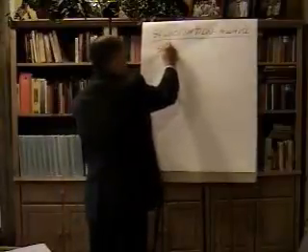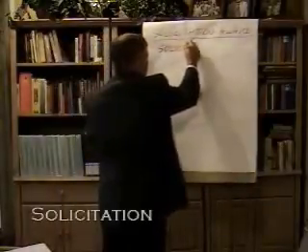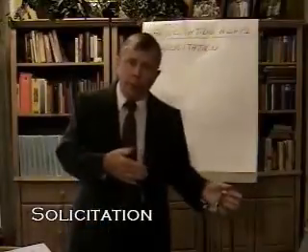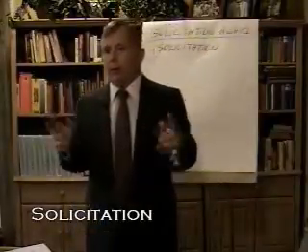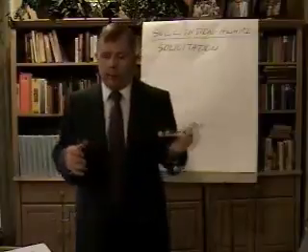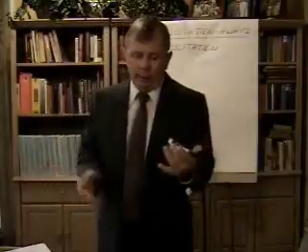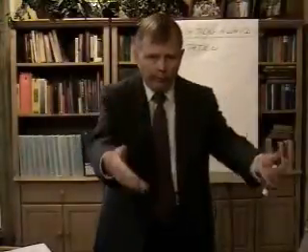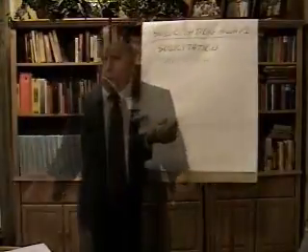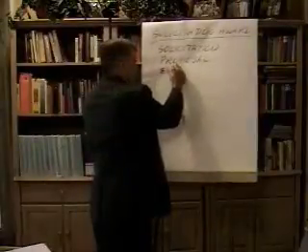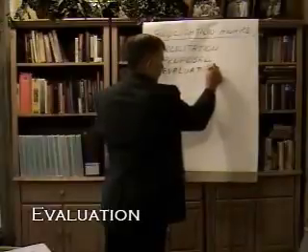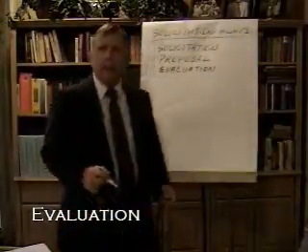The contractor receives this solicitation and they send their proposal in on how they're going to satisfy this requirement. The proposal could be in the form of a quote, a bid, or a formal proposal on how they're going to perform the function. The contractor's proposal then is evaluated by the government.